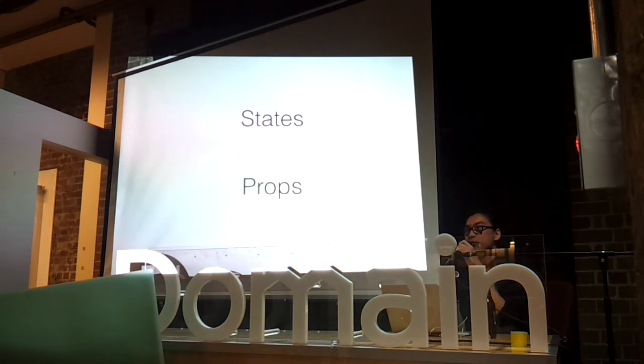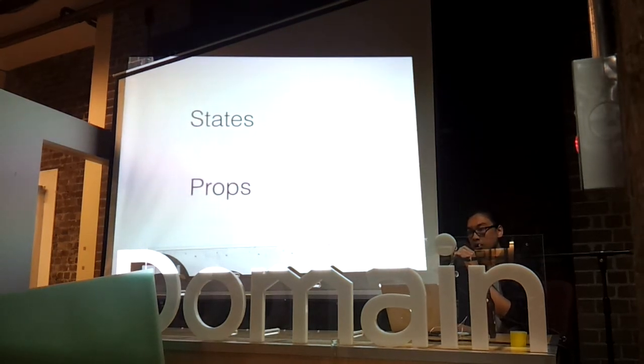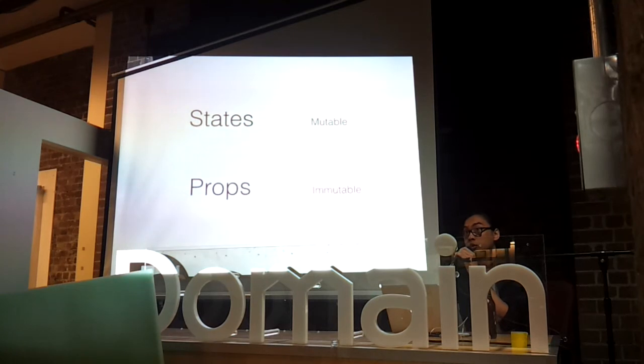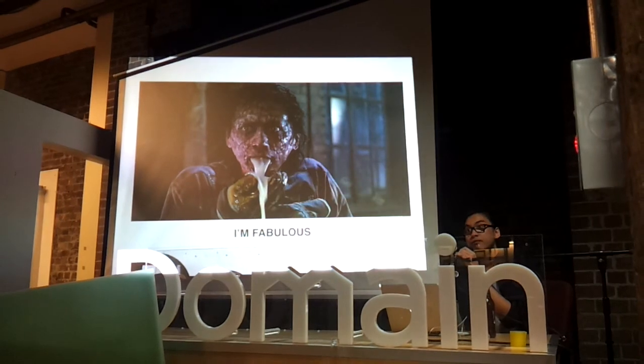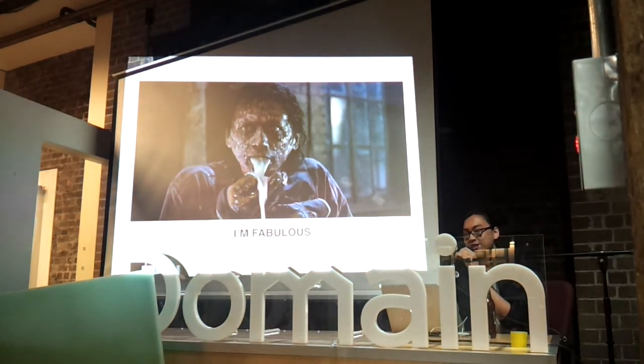So again, I'm sure most of you know about states and props in React, and there really isn't much to say about this apart from the very basic idea that states are mutable and props are immutable. Why this is important in terms of Redux and indeed Flux is because unfortunately, as your app progresses and grows and is used, states will mutate. They'll suffer from mutation.